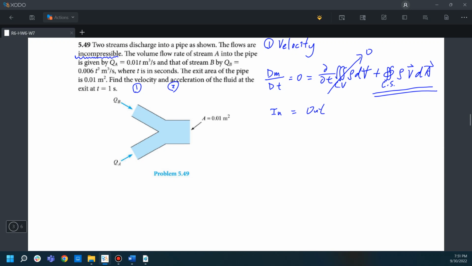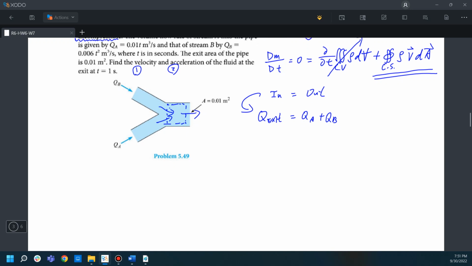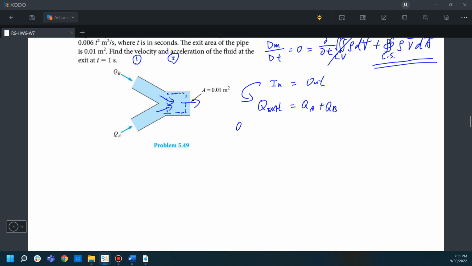So let's first define here our control volume and the control surface as well. So we have 2 inflows and 1 outflow. Okay, so let's write that out. Q exit will equal to QA plus QB. Okay, so this is the result of this concept that the inflow equals outflow.